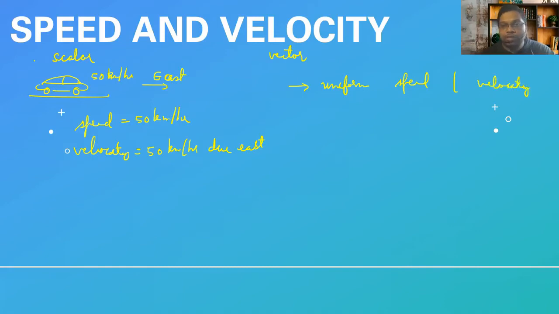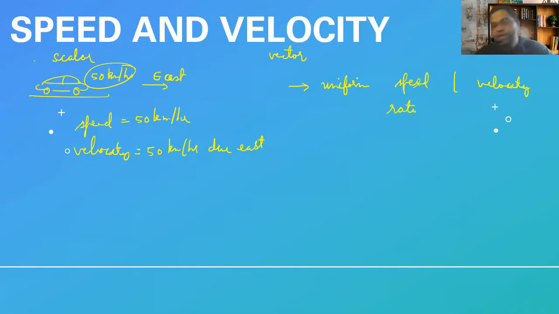As long as the car maintains 50 kilometers per hour, that is said to be a uniform speed. That means if the rate at which a body is moving does not change, then we say that the speed is uniform.